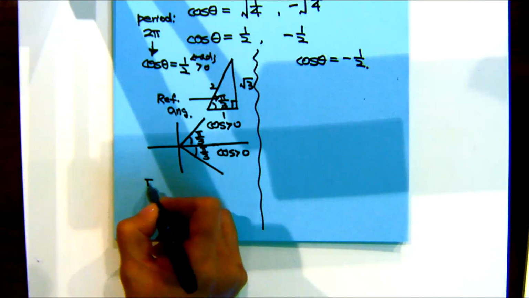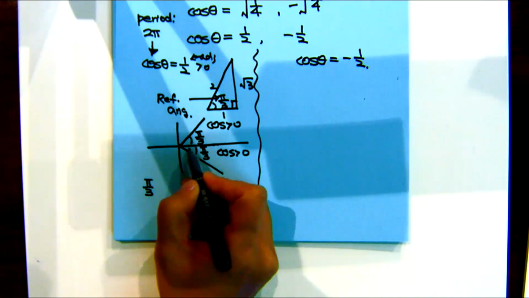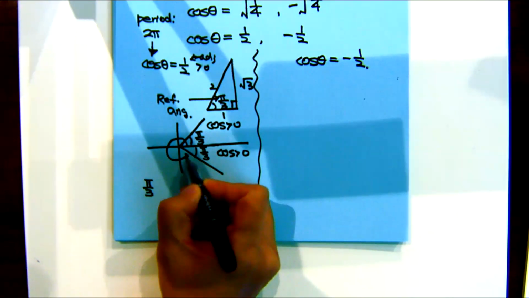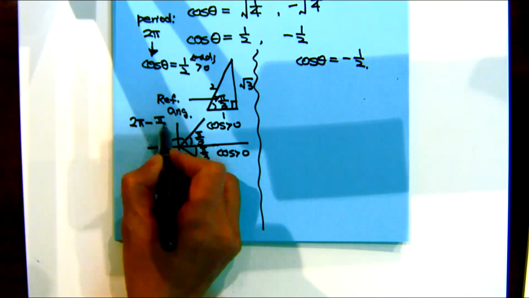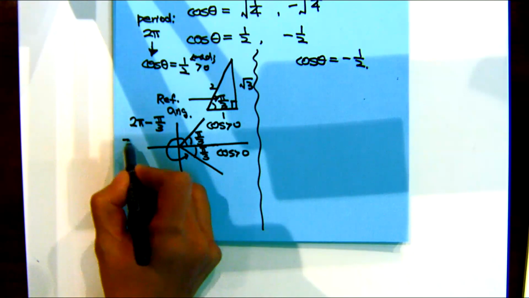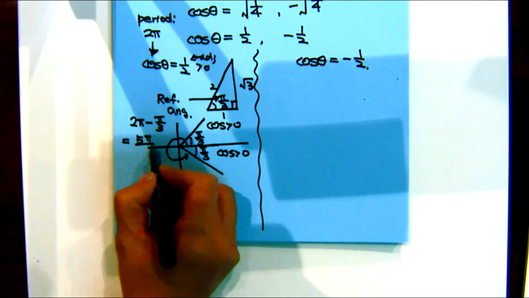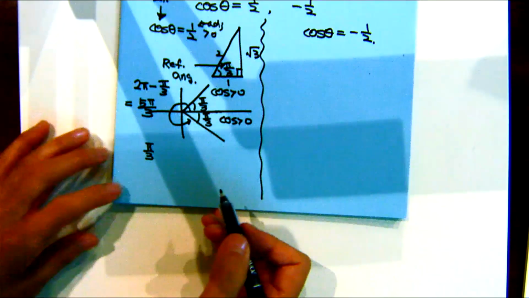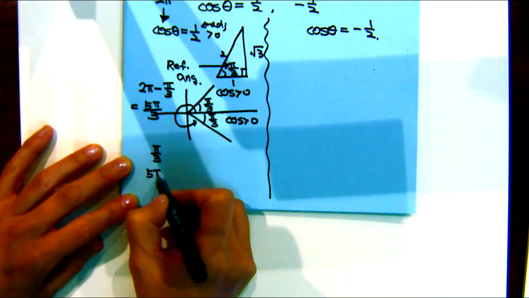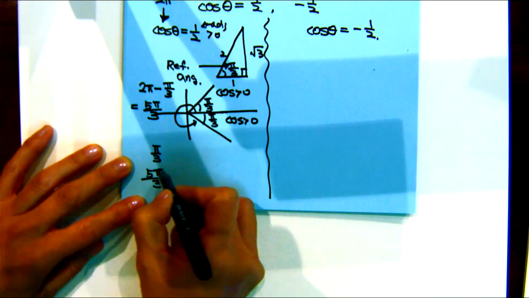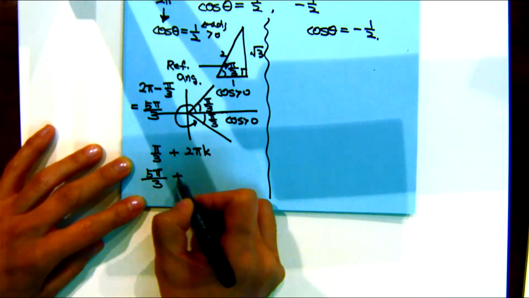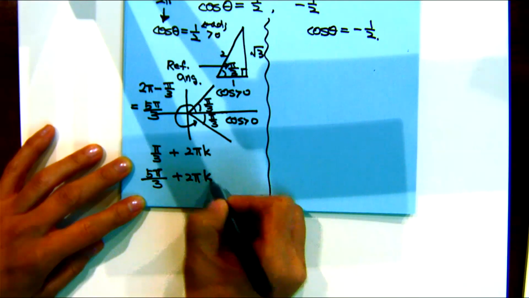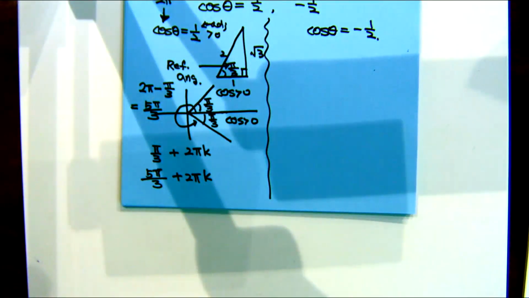So the first solution is pi over 3, and what is this angle? This angle is 2 pi minus pi over 3, right? So that is 5 pi over 3. So we have two solutions here. And then the period is 2 pi, so 2 pi times k, right? We have to add those.